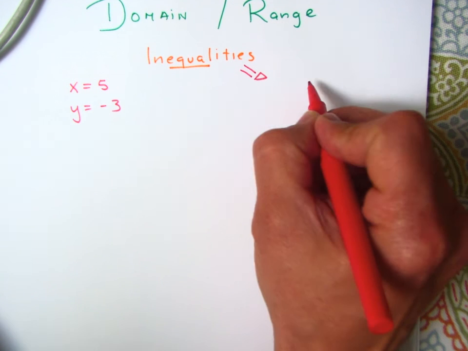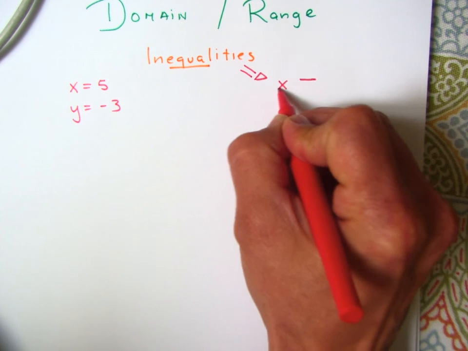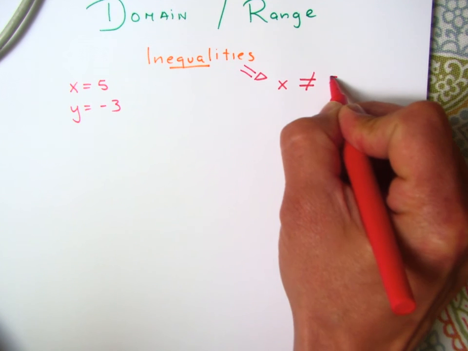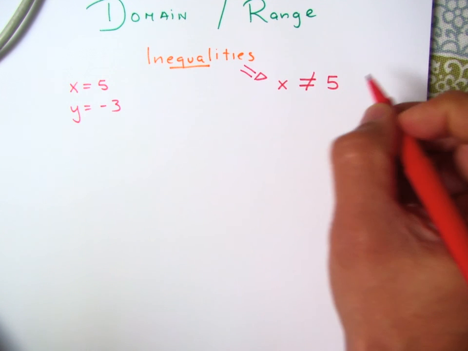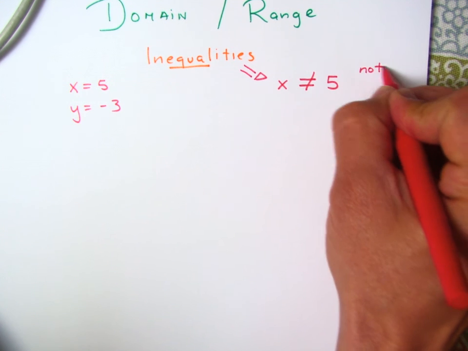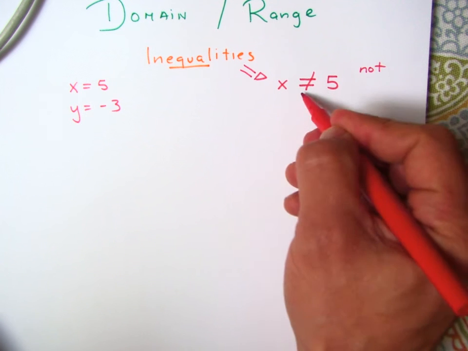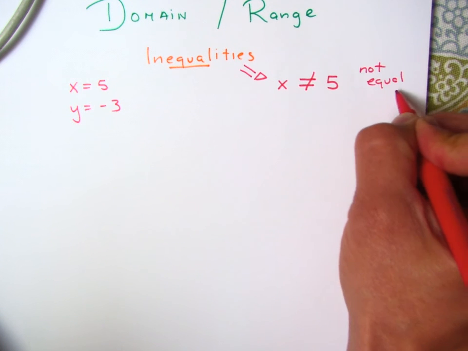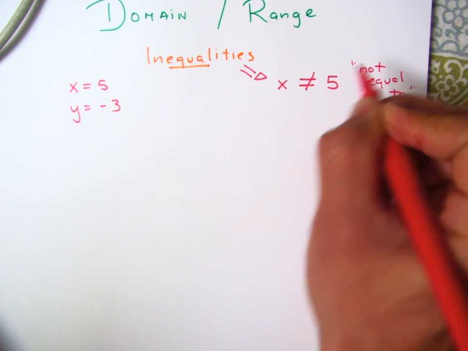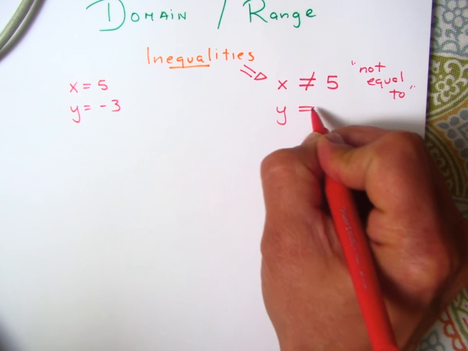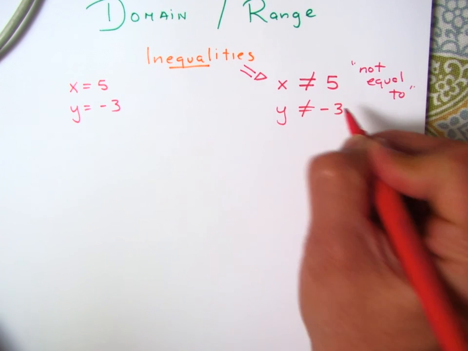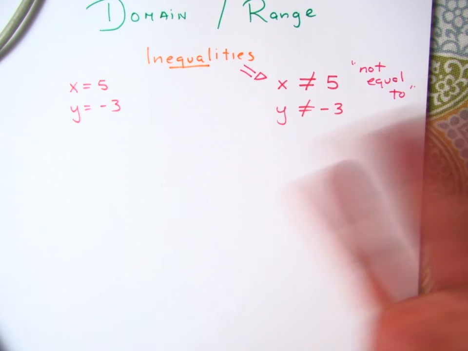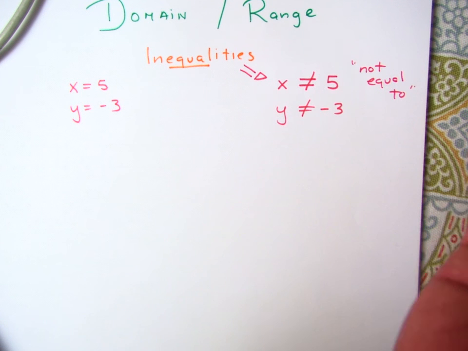So how do you write that? x is not equal to 5. So this means not equal to. It's a little equal sign with the diagonal, not equal to, okay? Or y is not equal to negative 3. So if something's not equal to it, then what is it?